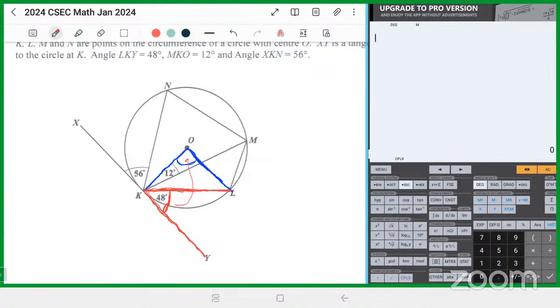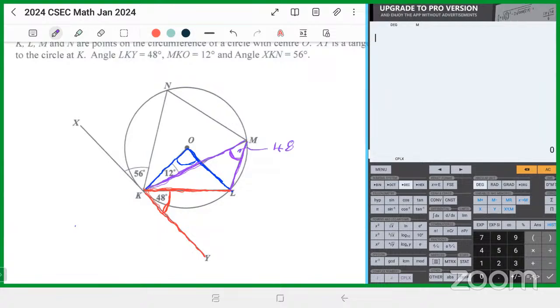So there's a connection of the center rule and the tangent and chord rule, because this chord will subtend the same 48 degrees at the circumference up here. That's the alternate segment rule. The angle between a tangent and a chord equals the angle subtended by the chord, so this angle up here is 48 degrees.